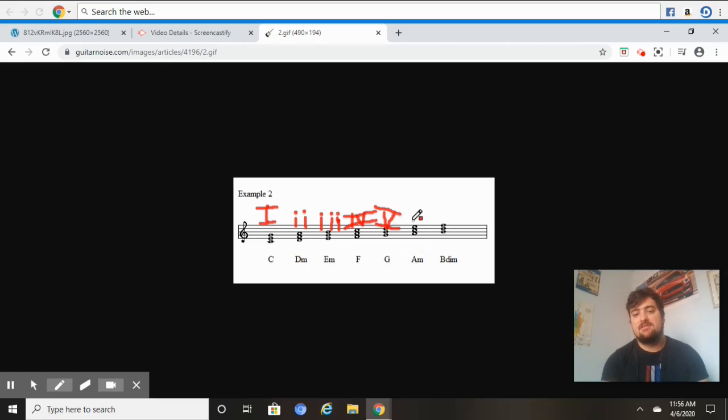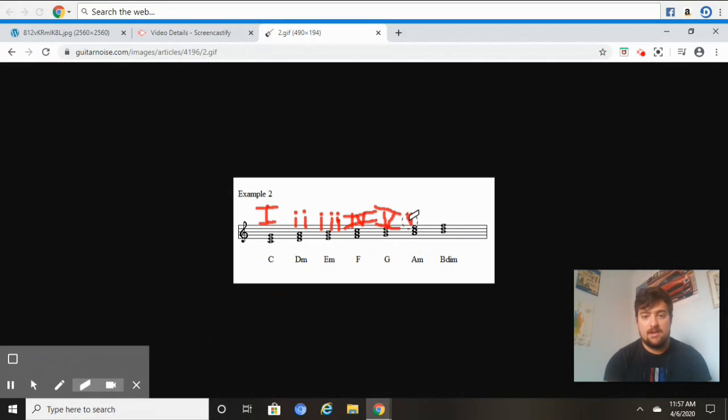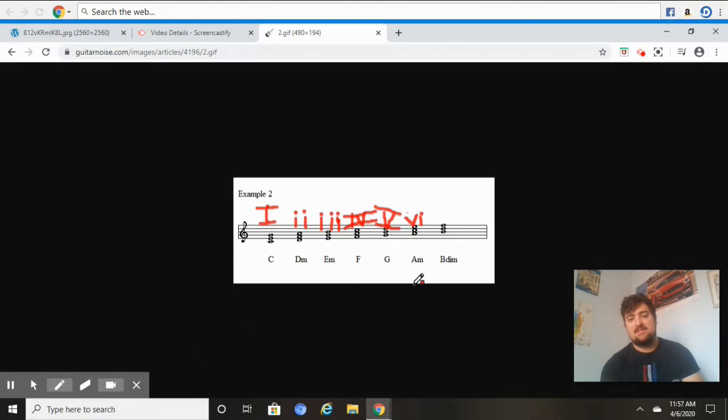And so that one, you do that one the same way, right? It's the 6 because it's the 6th degree of the scale. Ugh. Why am I so bad at this? There you go. That is the 6. Again, minor because it's lowercase, so it's minor.